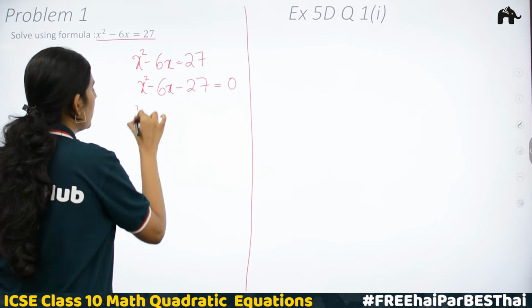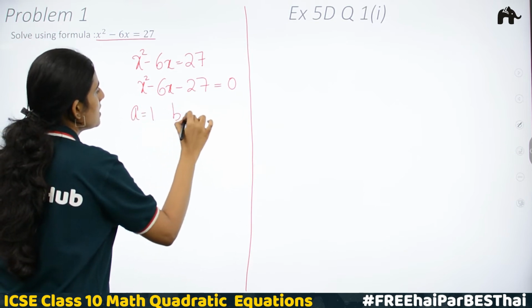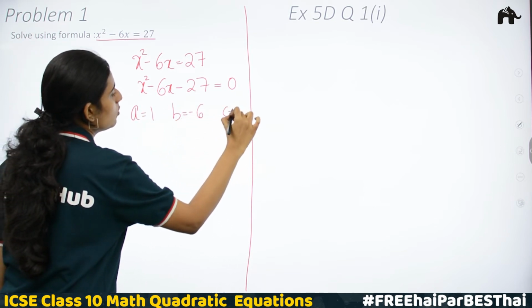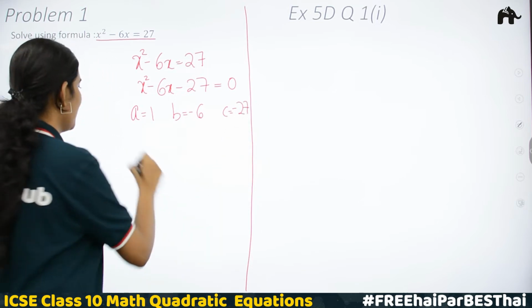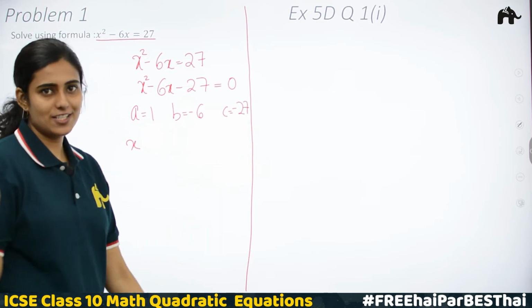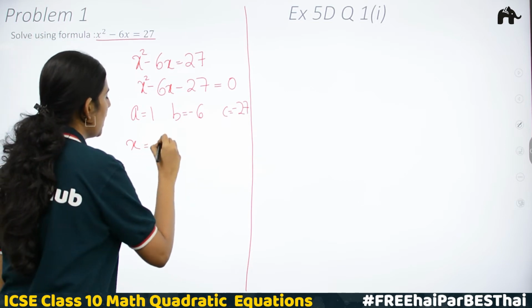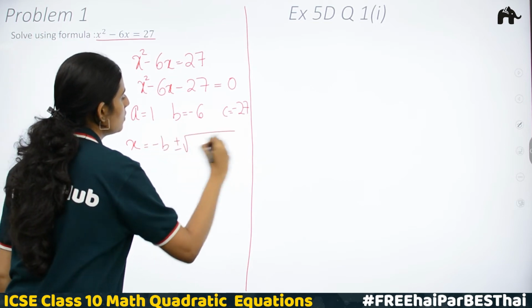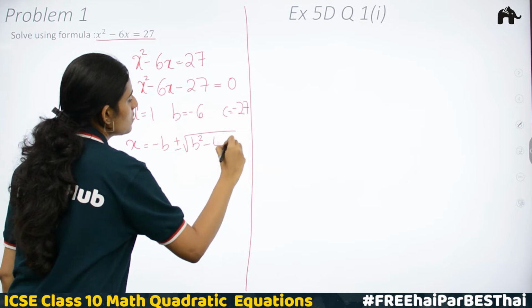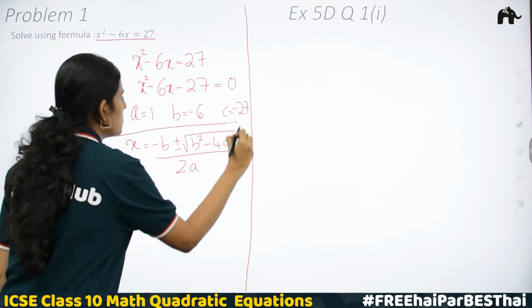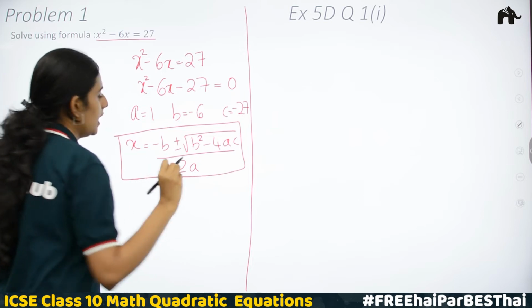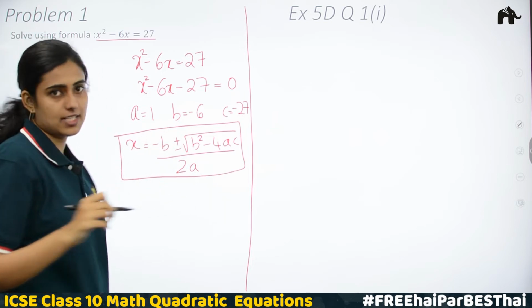Here the value of a is equal to 1, b is equal to -6 and c is equal to -27. Now, what is the quadratic formula? We have memorized the quadratic formula. X is equal to minus b plus or minus root of b square minus 4ac, divided by 2a. Substitute values of a, b, c in the given quadratic formula.